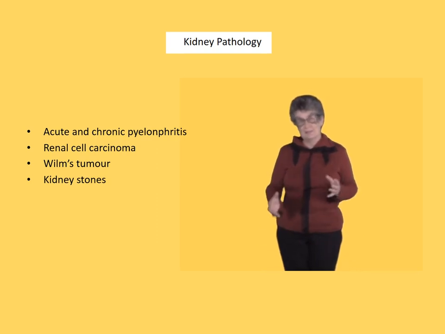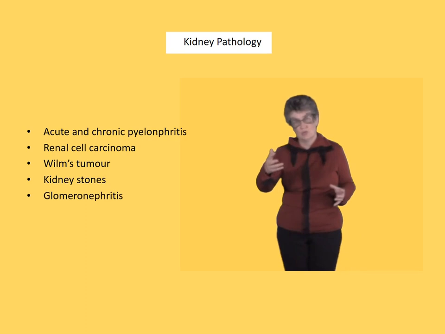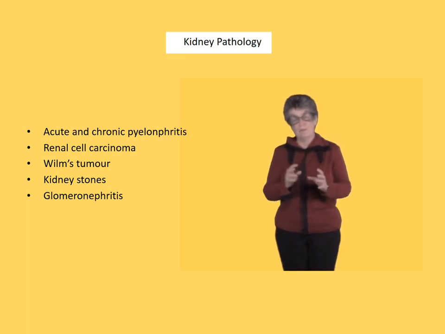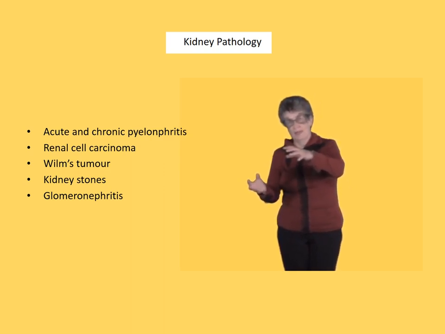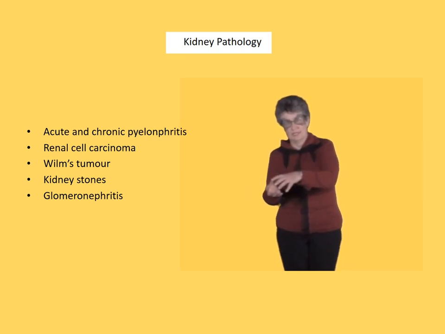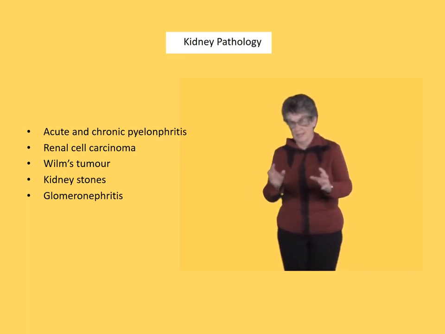Then we tried to simplify glomerulonephritis into just two categories, nephrotic and nephritic syndrome, with rapidly progressive glomerulonephritis being caused by the things that cause nephritic syndrome, but in a really bad way.